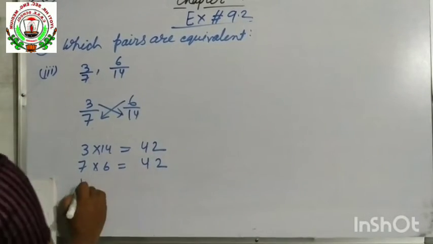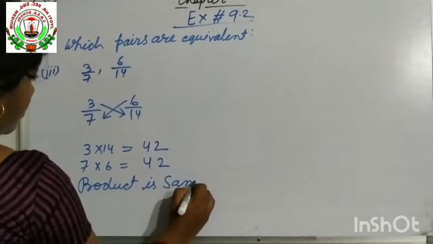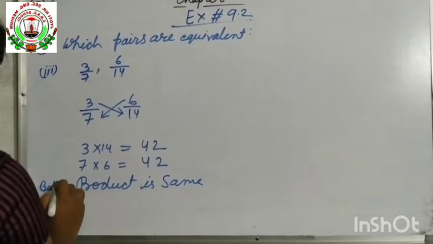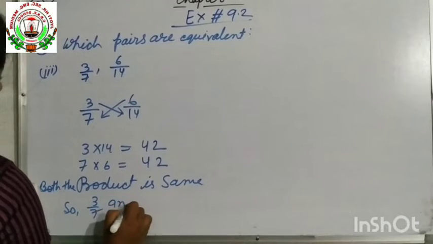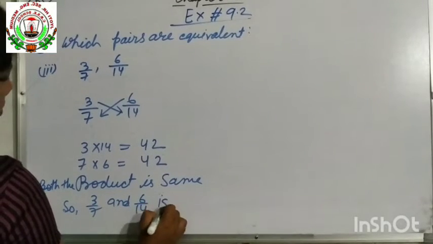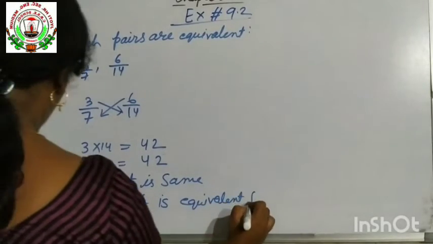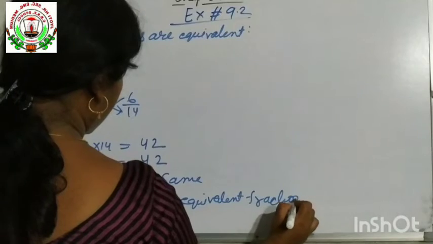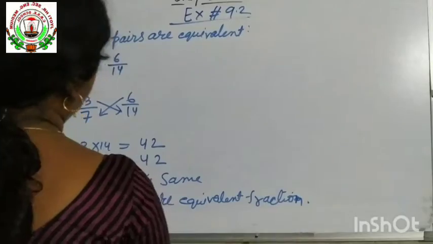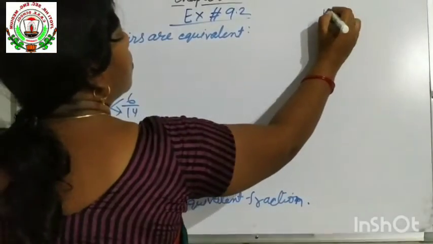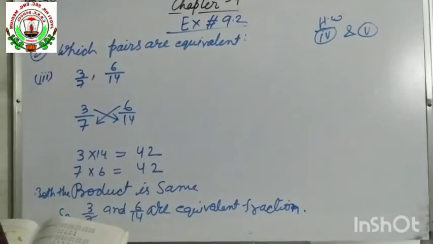Here both products are the same. So 3 by 7 and 6 by 14 are equivalent fractions. Understood?